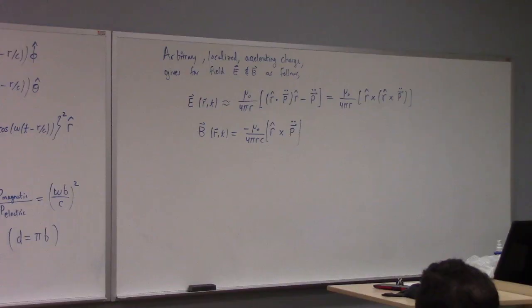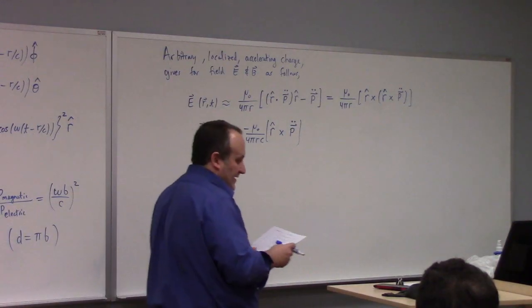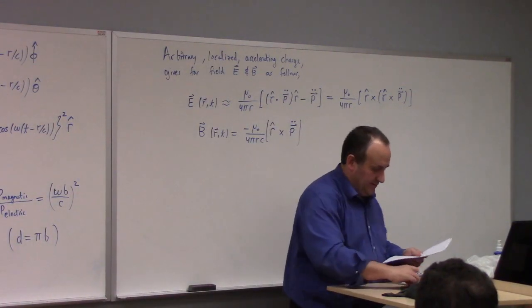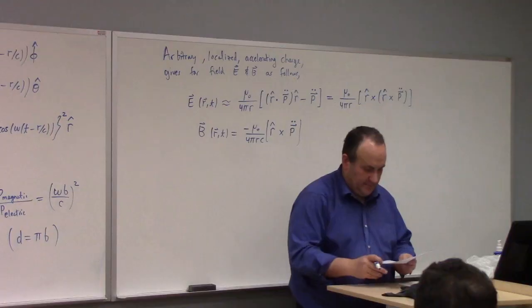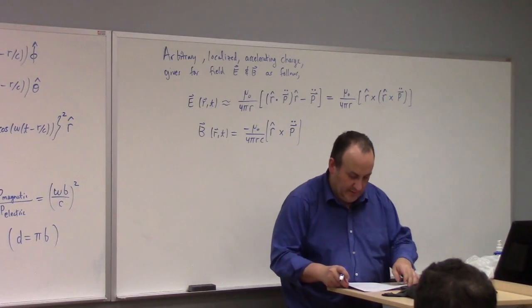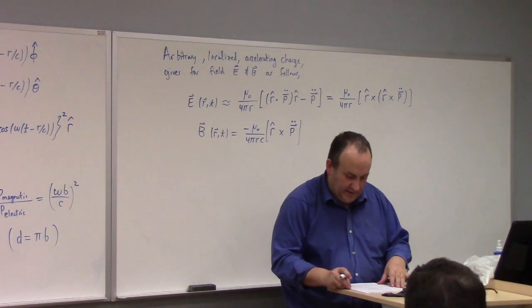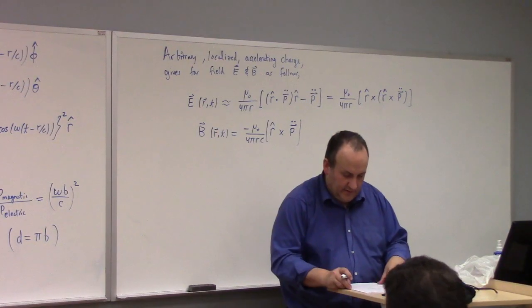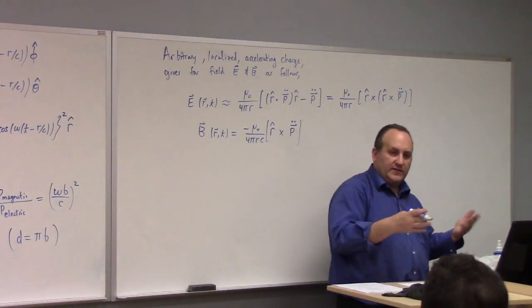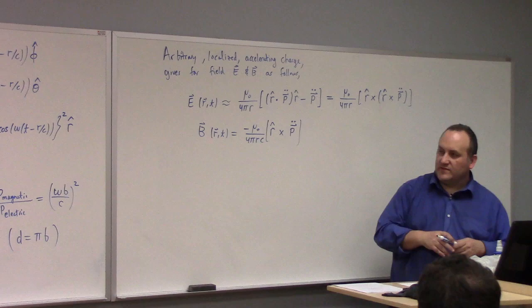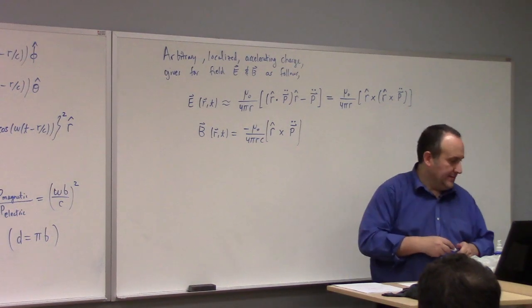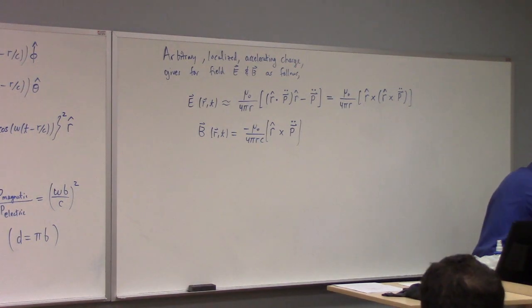At this point, he then specializes to spherical coordinates, and he writes down the electric and magnetic fields in spherical coordinates in this context. He's assuming that the acceleration of the dipole moment is in the z direction, just for the sake of discussion. So assuming that p double dot is in the z direction, you have these formulas.